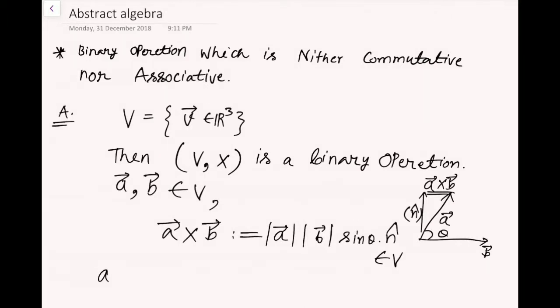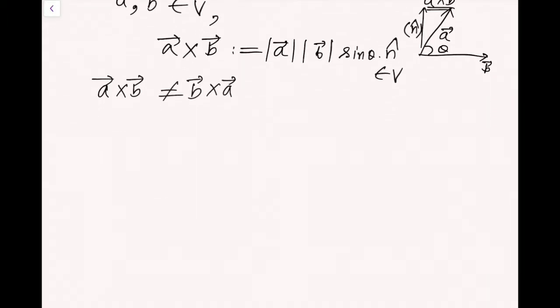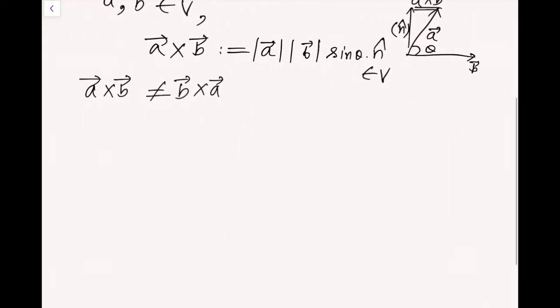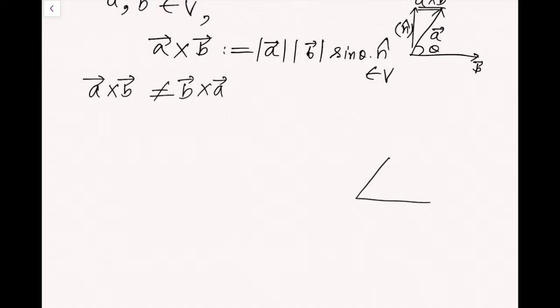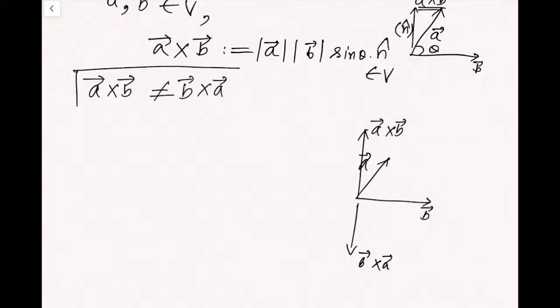Now, we shall show that A cross B is not equal to B cross A. If we have two vectors, then A cross B will be in this direction, but B cross A will be in the opposite direction but of the same magnitude.